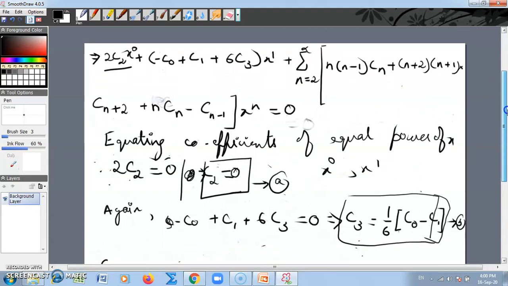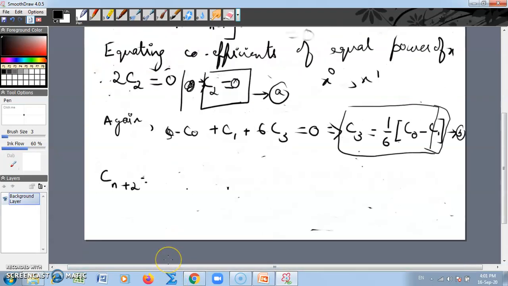From here you can get it, because this is Cn plus 2. So from this relation we can find, because you are now equating the coefficients of x to the power n. When you equate the coefficients of x to the power n, like we equated the coefficient of x to the power 1 and x to the power 0, we'll get something like this.